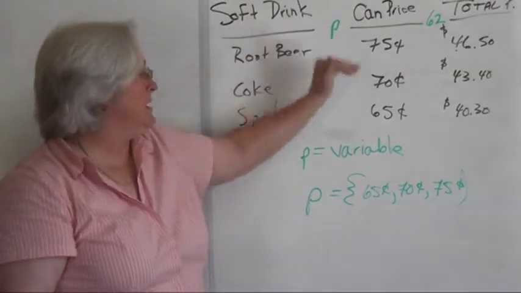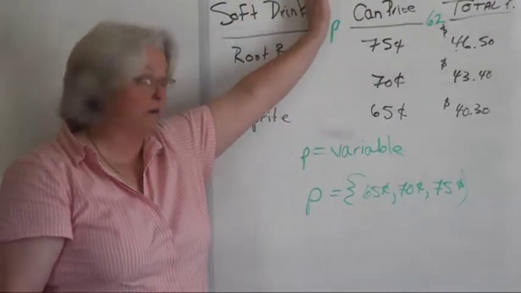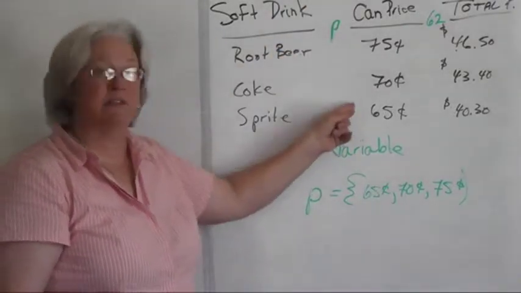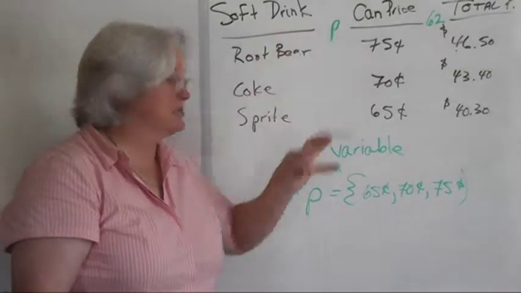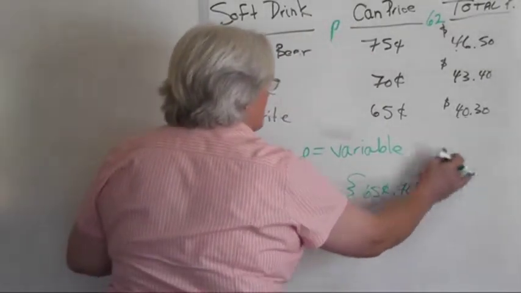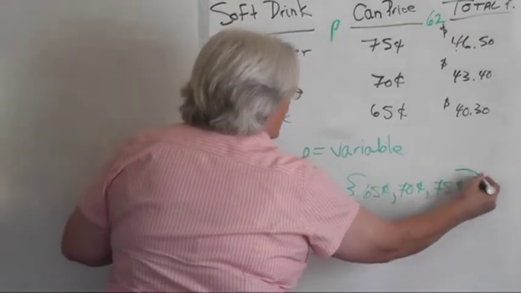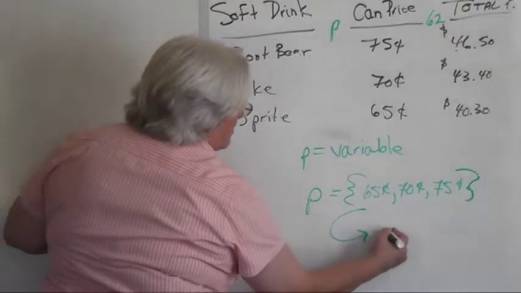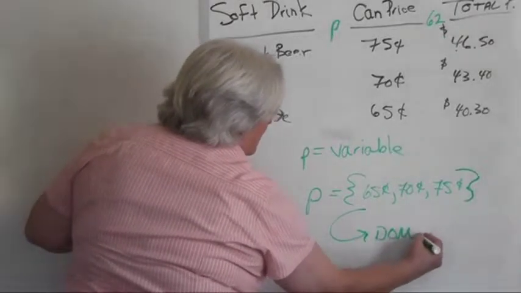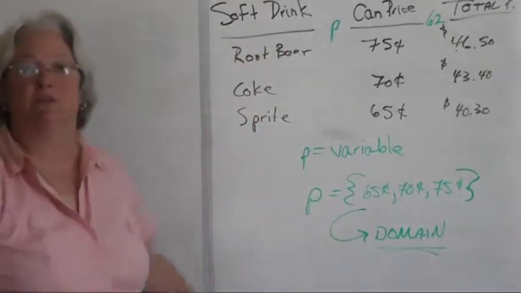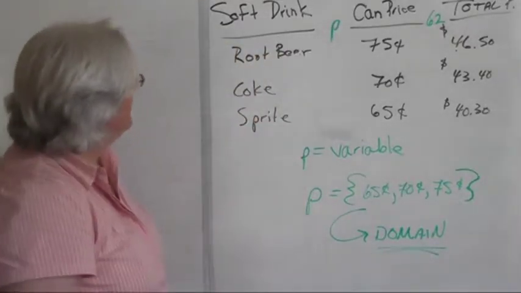So even though you have these other choices that are out there, the only ones that work for this problem are the prices 65, 70, or 75 cents, and that's because it's this particular set of possible values for the variable, and that is called the domain of the variable, D-O-M-A-I-N. This is the domain of the variable.